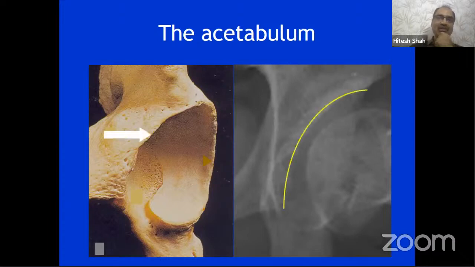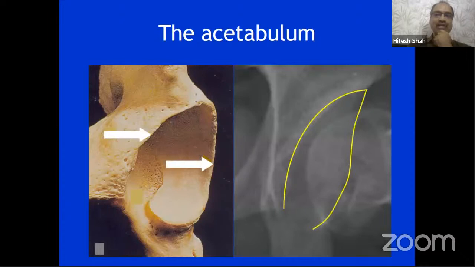So if you see from the front, the anterior part would not cover the entire femoral head, while the posterior part would go up to 50 or more than 80% of the femoral head. So the normal orientation of the acetabulum is normal anteversion. This is the basic understanding of the acetabulum.